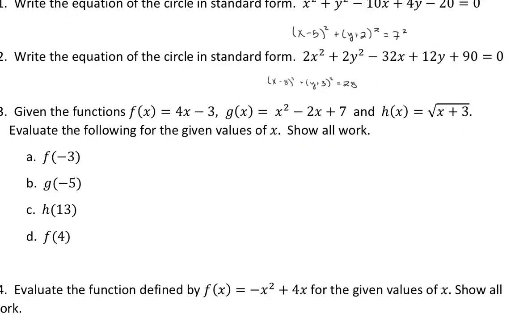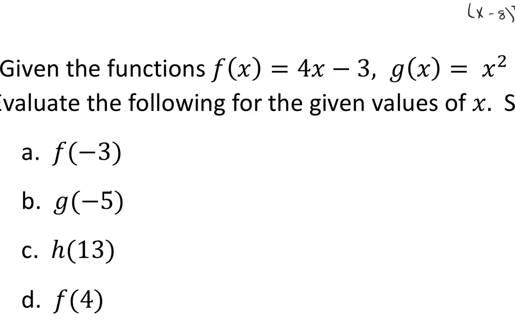Now moving on to number 13, what we're given are these functions, f, g, and h, and we want to evaluate these values. So first, for f of negative 3, that's going to be equal to 4 times negative 3 minus 3, just because f of x is this. That whole thing is going to be negative 12 minus 3, which is equal to negative 15.